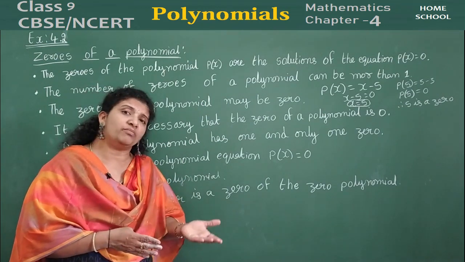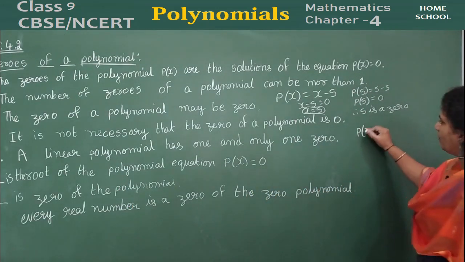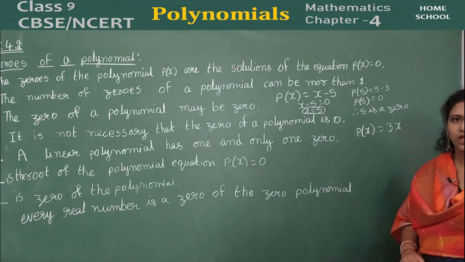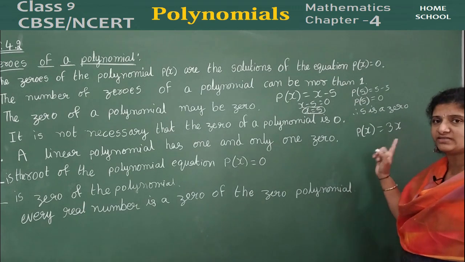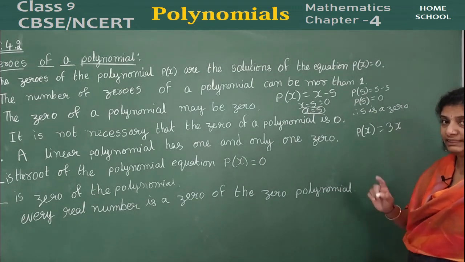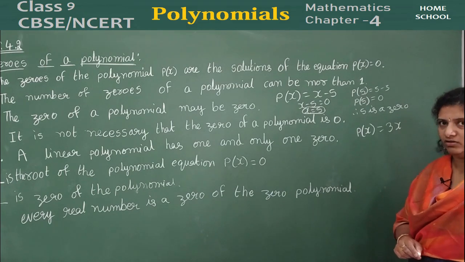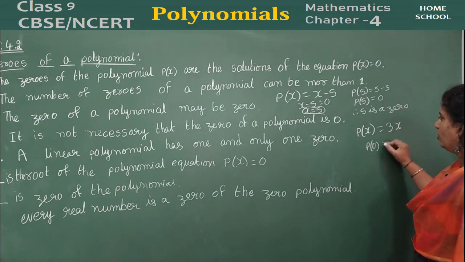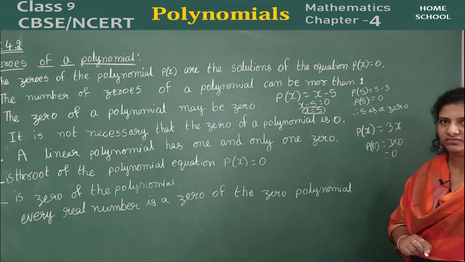That x may not be 0 or may be 0. Suppose p of x is equal to 3x there, children. Okay. So what you substitute, you get 0 here as the answer. That is 0. Yes or no? So what you substitute? Suppose if I substitute 0, 3 into 0, it will be 0.